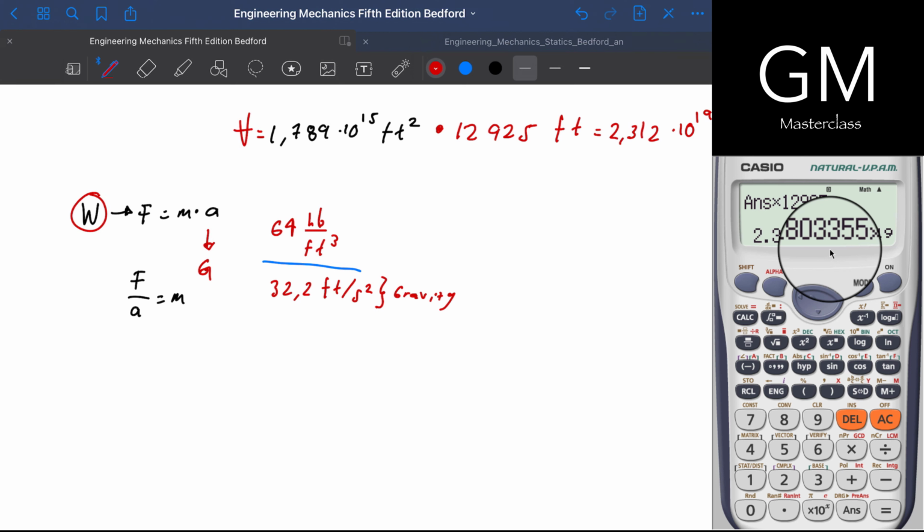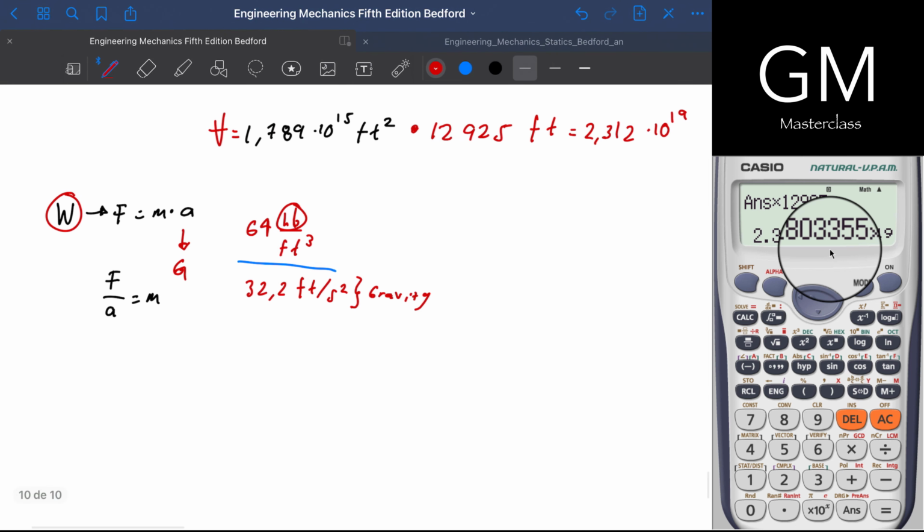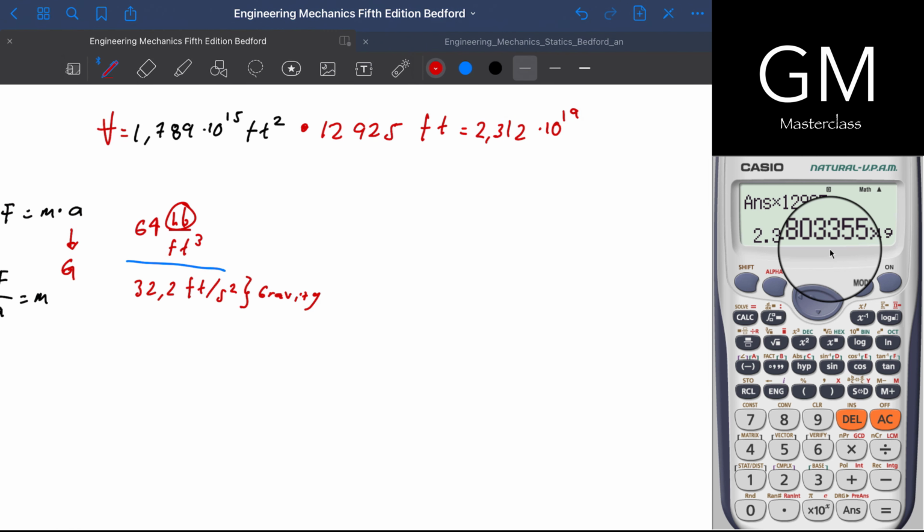Now I think that you already understand what I'm trying to say here, but let me explain this more, to make it easier to understand. Here I have a force, so this is the same thing as having slugs multiplied by feet divided by seconds to the second power.